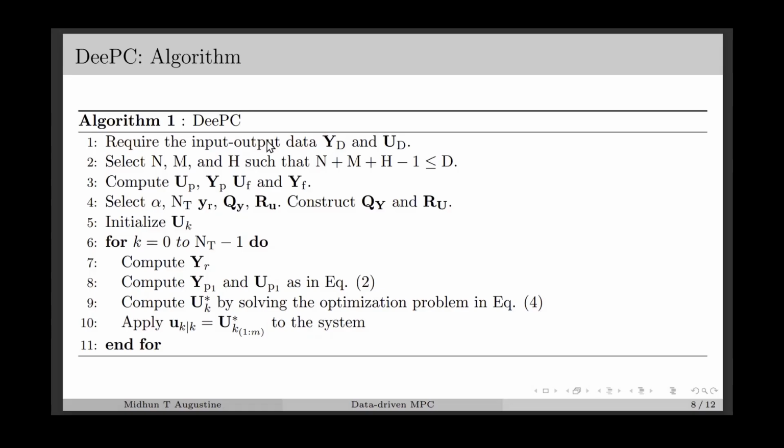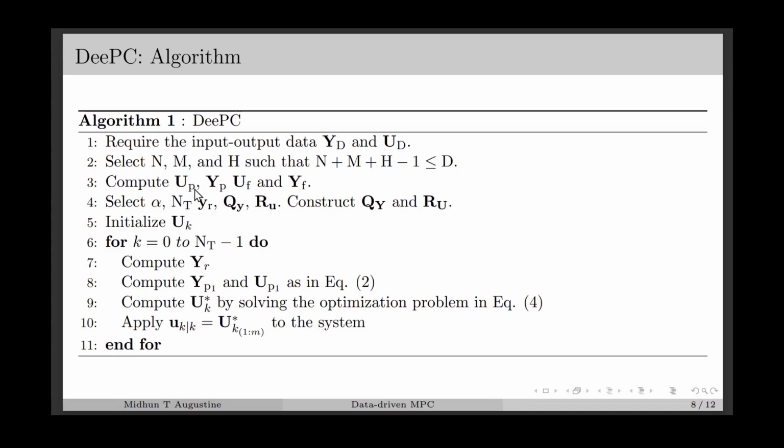The algorithm for DeePC is summarized here. We will be requiring the input and output data or the training data, using which we will construct the Hankel matrices UP, YP, UF, and YF. Unlike in the case of SPC, we will not be using these Hankel matrices for computing the parameter matrix P, which contains P1, P2, and By.